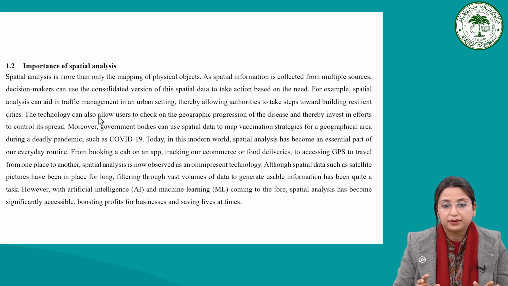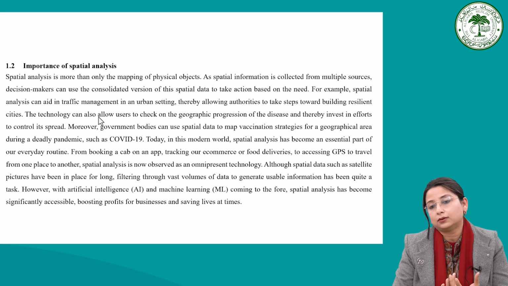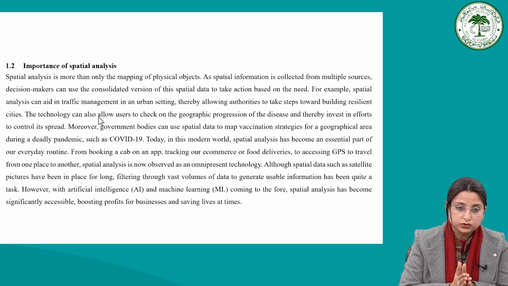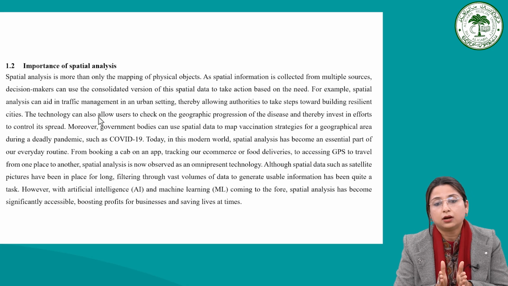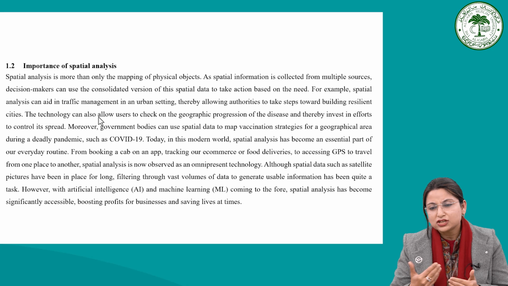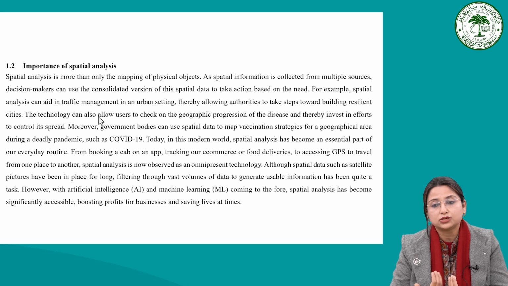So decision makers can integrate these varied spatial data collected from different sources, and can use the consolidated version of this spatial data to take action based on what is needed. So action can be taken by using and integrating the data obtained from different sources according to the need.